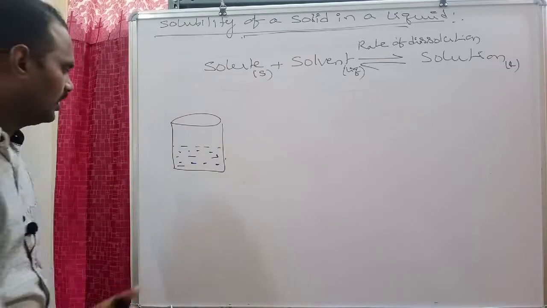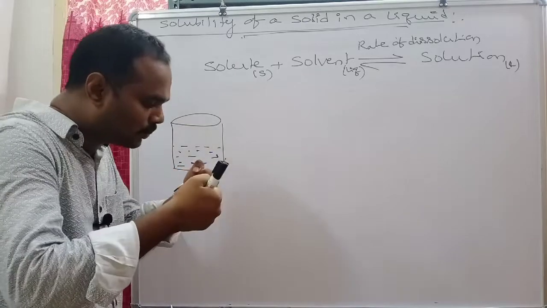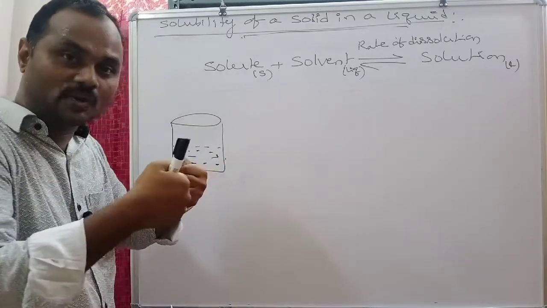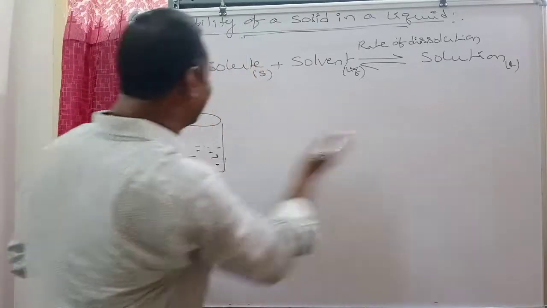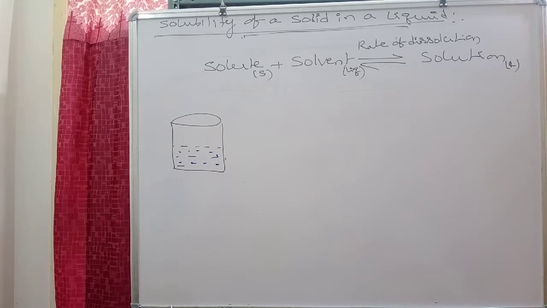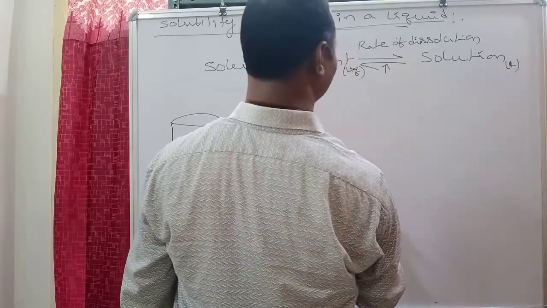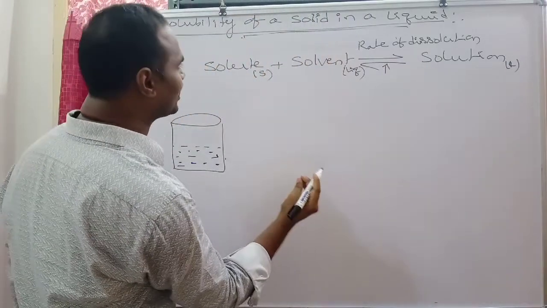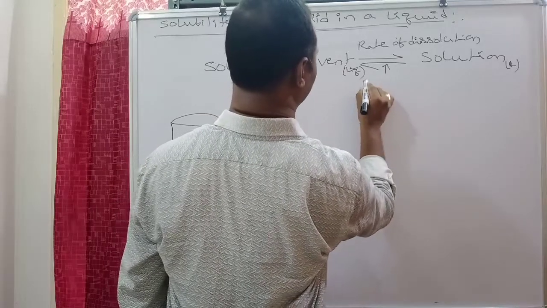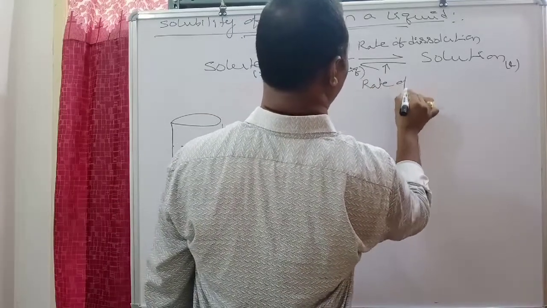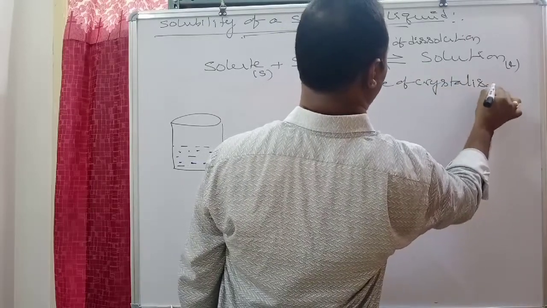After some time, some amount of solute has already dissolved in the solution, and those solute particles collide with each other. Due to collisions, the solute particles come back out. That process we call crystallization. Solute particles coming out of the solution is called crystallization, and its speed we call the rate of crystallization.